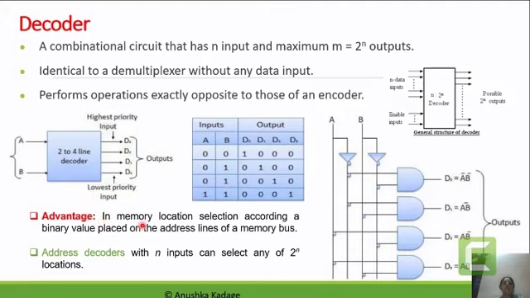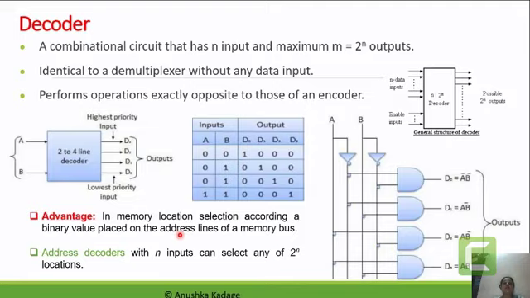Whenever in operating devices such as CPUs we have to choose one of the memory locations from the whole memory bus, we need this decoding operation to select one of the address lines.